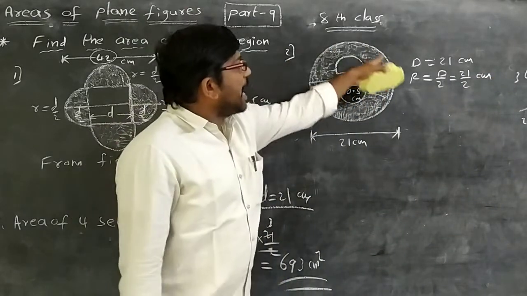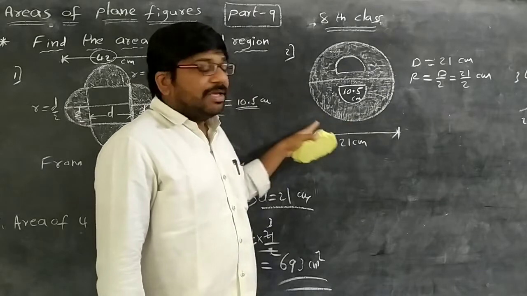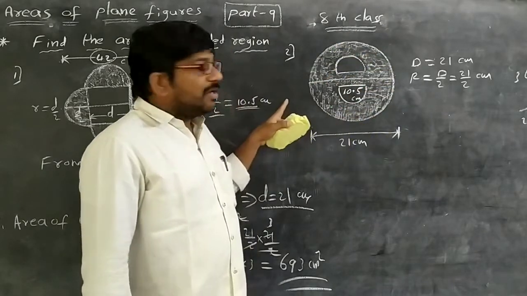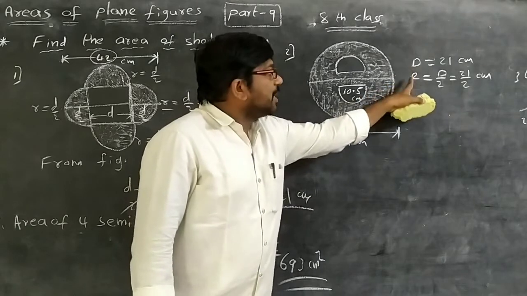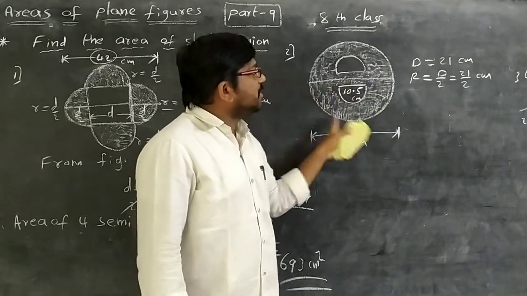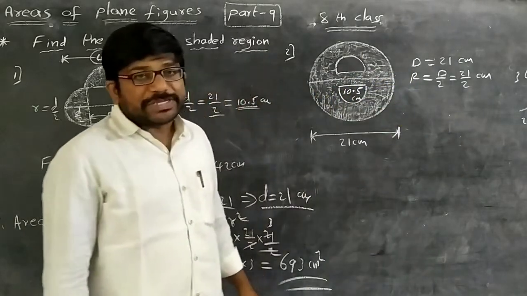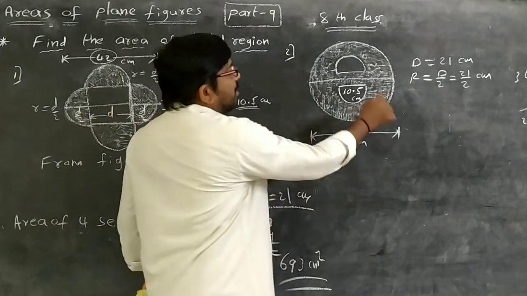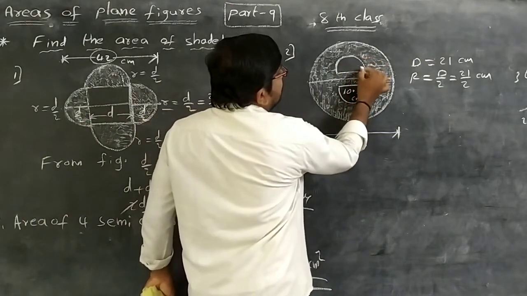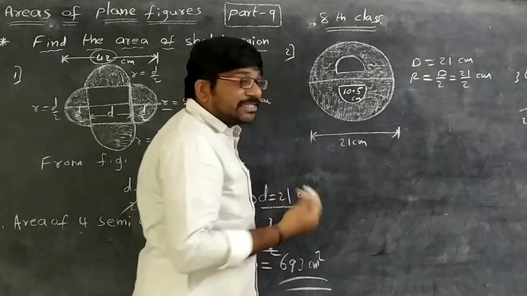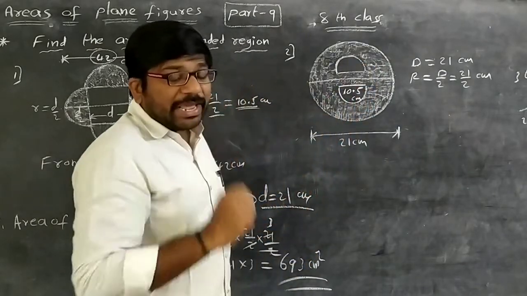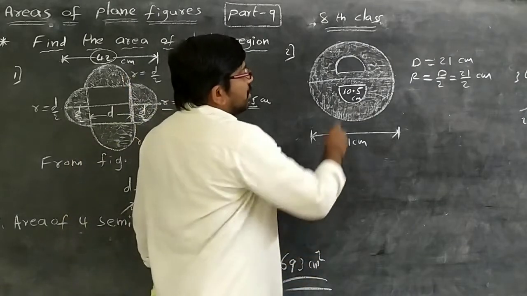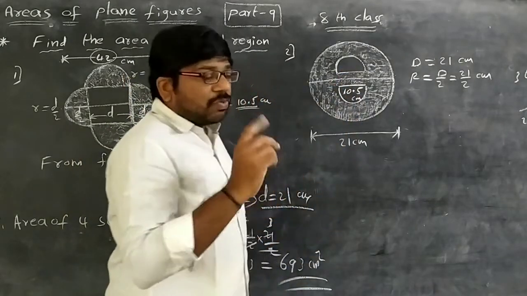So capital means large circle. The large circle diameter is 21 centimeters, capital D, and capital R, the radius of the large circle, is 21 by 2 centimeters, right? And take the small semicircles. Here 2 small semicircles are there. So 2 semicircles give 1 circle, right? 2 half circles give 1 circle.